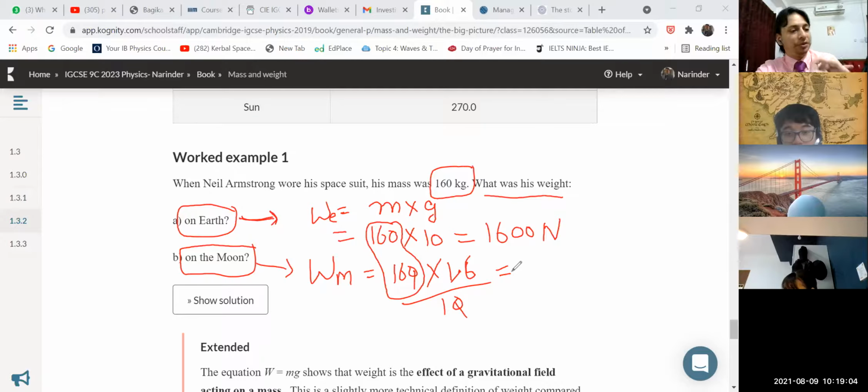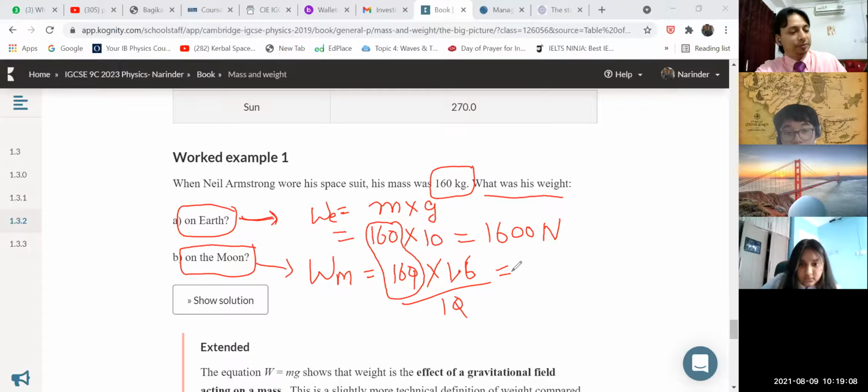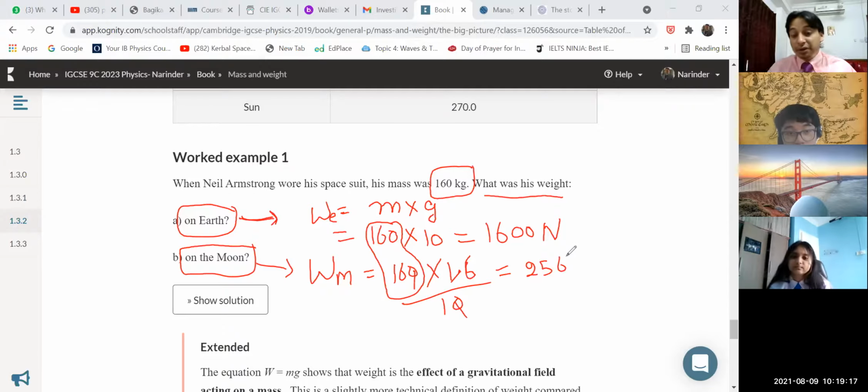Let me do this on my mobile phone also. Sir, it's 256. And the unit is also important. If you don't put the unit, then there is a penalty of 1 mark in the exam.